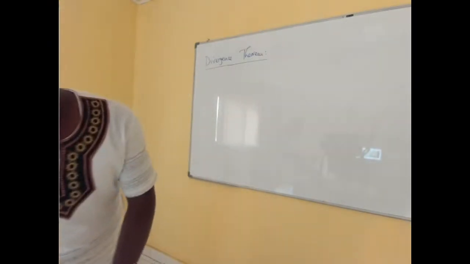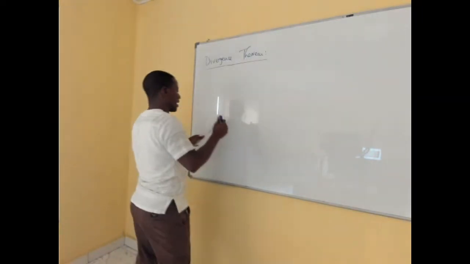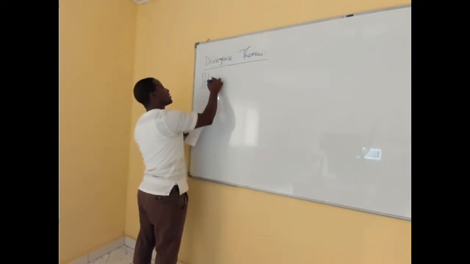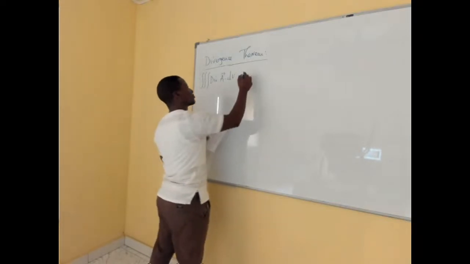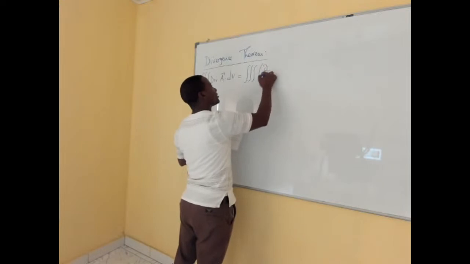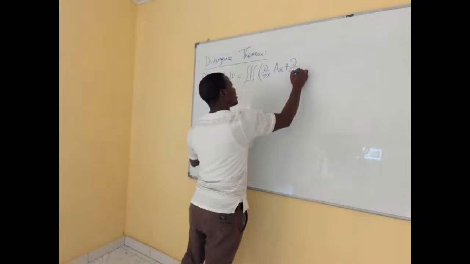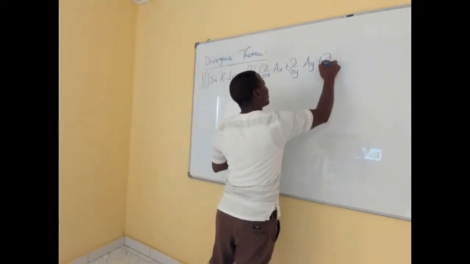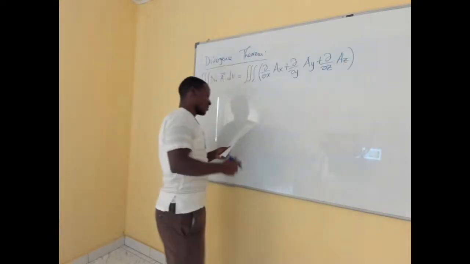All right, so now we have seen that the triple integral of the divergence of A dv is equal to the triple integral of partial x of Ax plus partial y of Ay plus partial z of Az, with respect to dv. So this is what we are able to get.